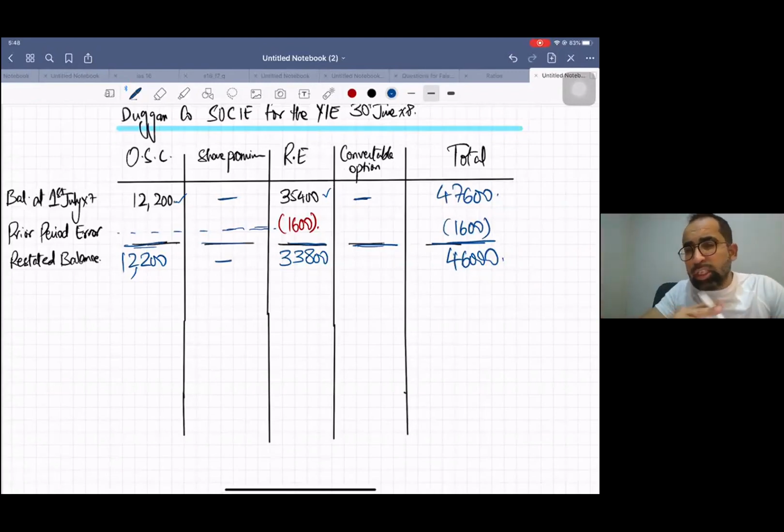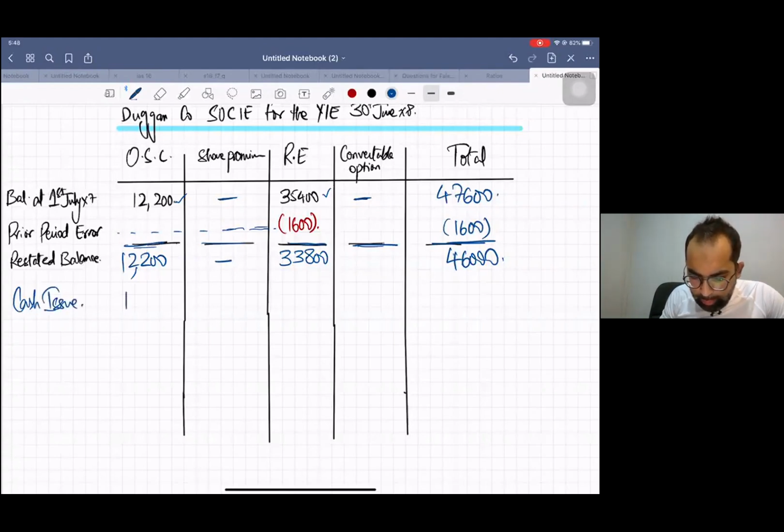In your normal SOCHI, normally a few things come, let me remind you. Number one, the rights issue or the cash issue. Is there any rights issue or cash issue in this question? Yes, the full market price issue. So simply adjust it, the cash issue. What were the numbers?